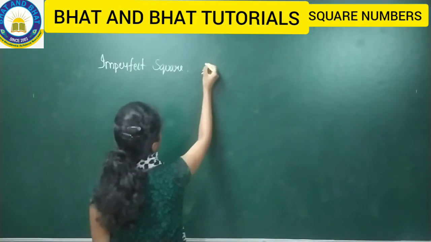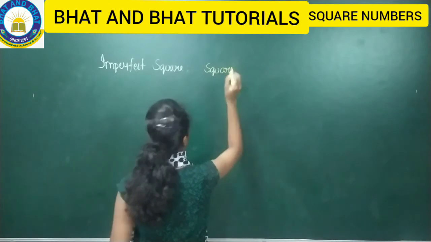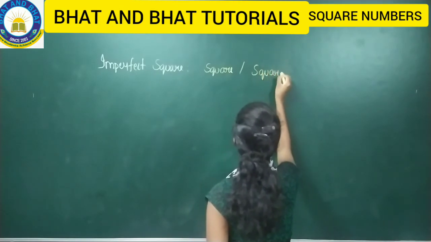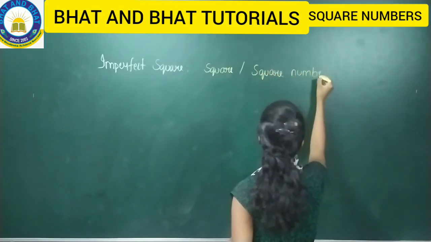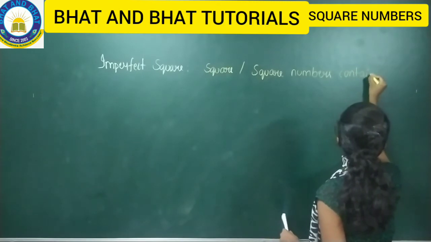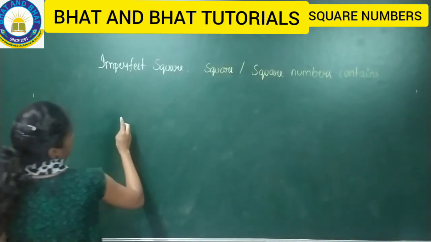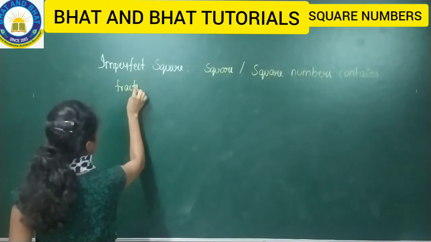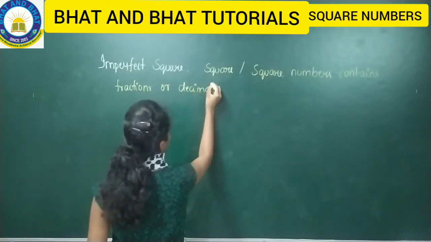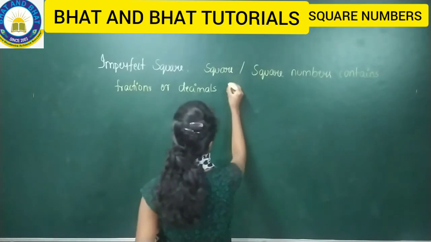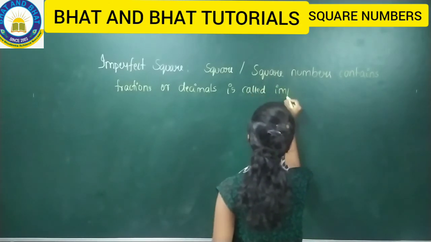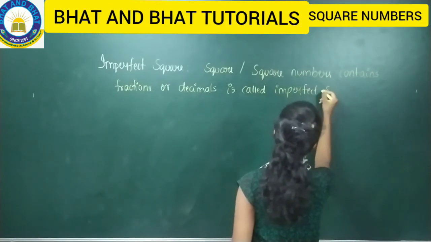Square or square numbers that contain fractions or decimals are called imperfect squares.